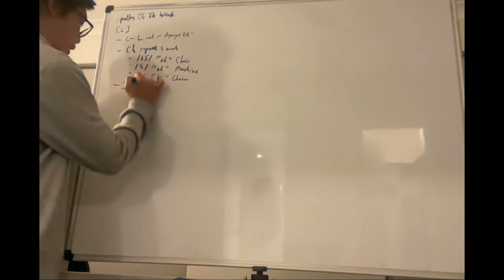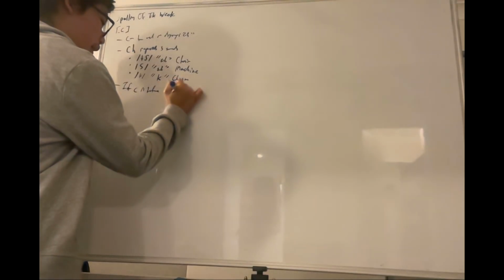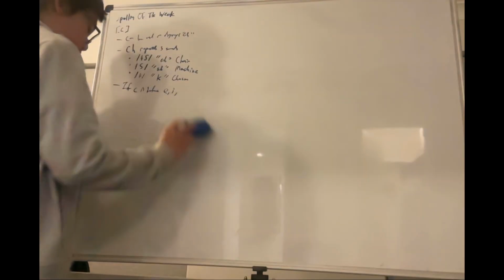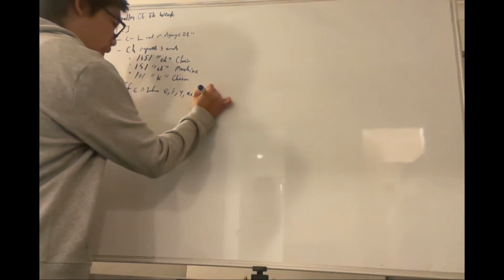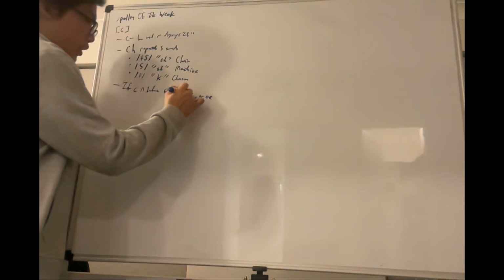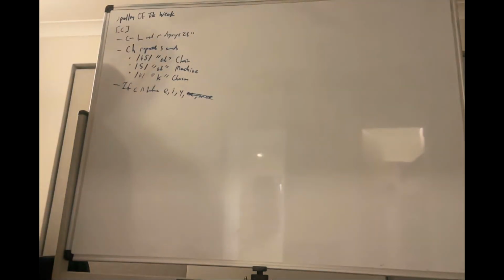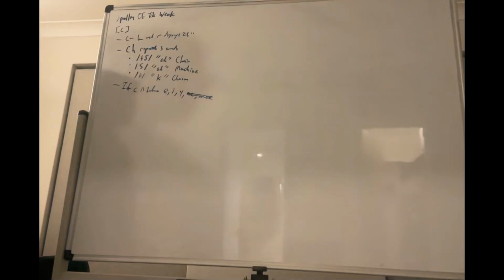If C is before E, I, Y, A, E, or O, E, which you don't really need to, because in modern US spellings, which are the ones that most people use, nobody spells it like A-E-O-N anymore.